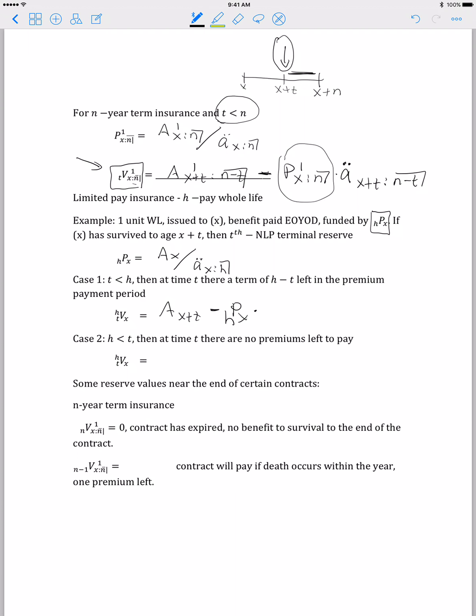Well, I have H minus T of them left if I'm during the premium payment period. I'm age X plus T, and so that's my temporary annuity due symbol, just to show you what I did here.